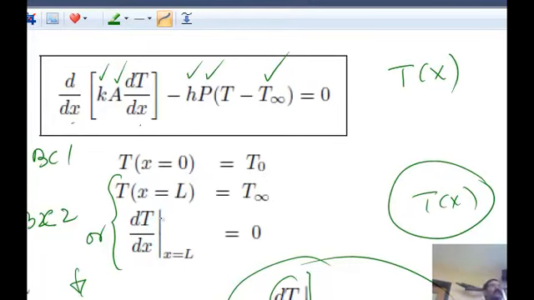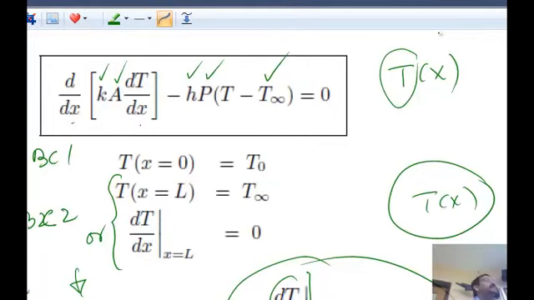Is it linear or non-linear? How do you answer that question? After having identified what is the unknown, you look for any products in the unknown or in the derivatives of the unknown. That will make it non-linear. Okay? So if k is a constant, the thermal conductivity is a constant, then it is a linear problem.